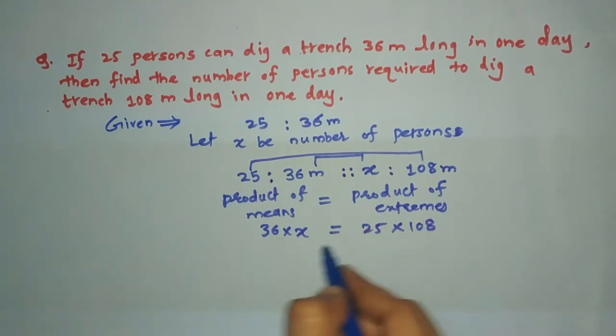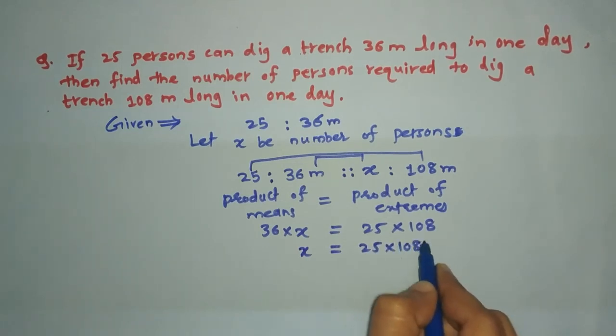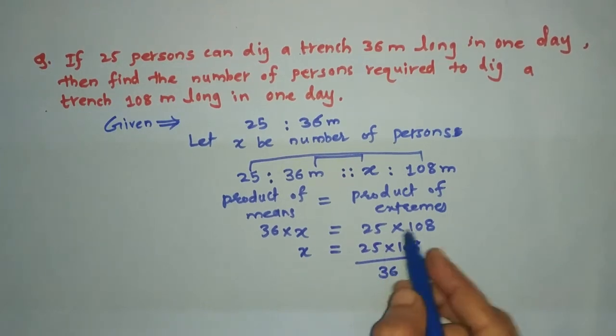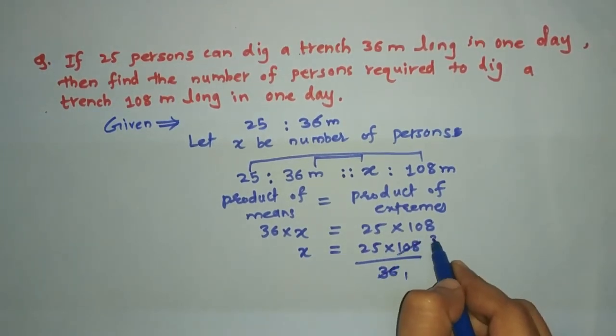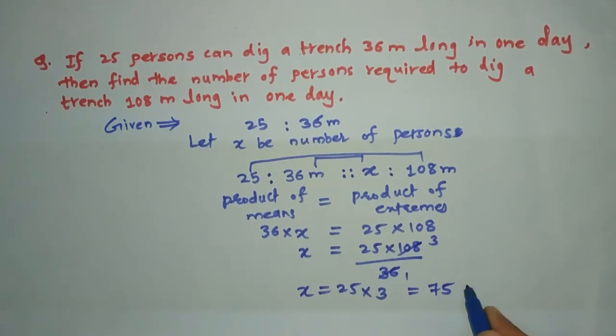So just shift this 36 from the left hand side in the division to the right hand side. We'll get here 36. We know that 36 ones are 36, 36 threes are 108. So friends, X is equal to 25 multiplied by 3, which is nothing but the total 75 persons.